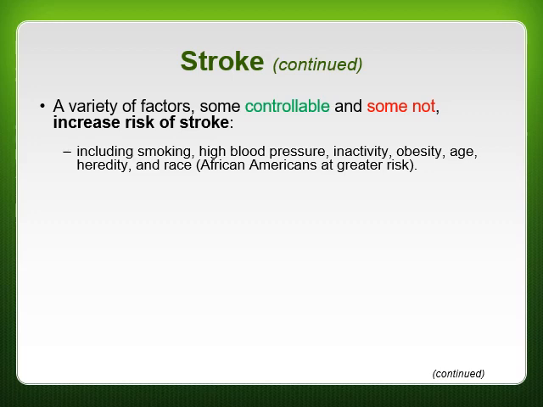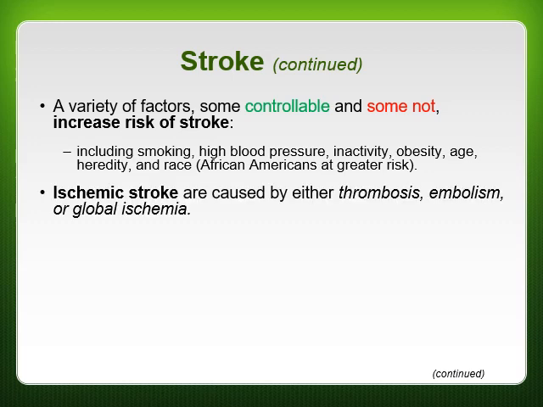Believe it or not, for whatever reason it might be, they have found that African Americans are at greater risk for stroke than other populations. So all of those are factors. Again, some of those, high blood pressure, smoking, inactivity, obesity, we can control. All the rest of the stuff, well, not so much.